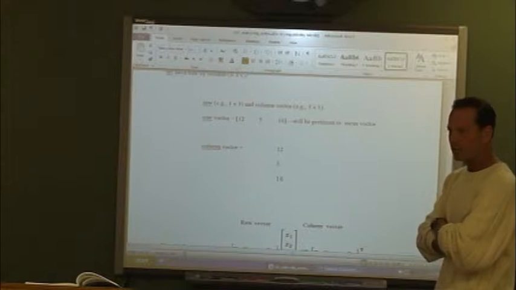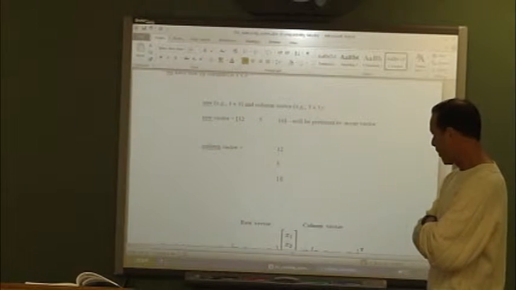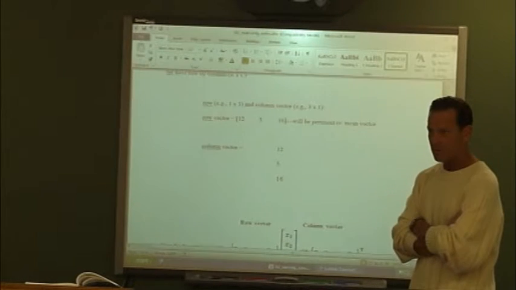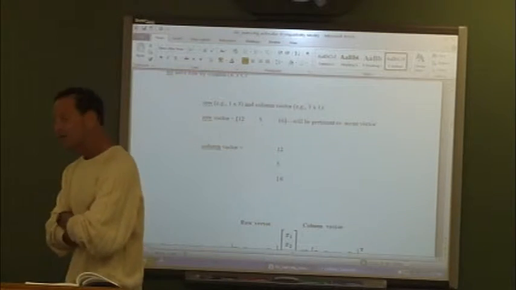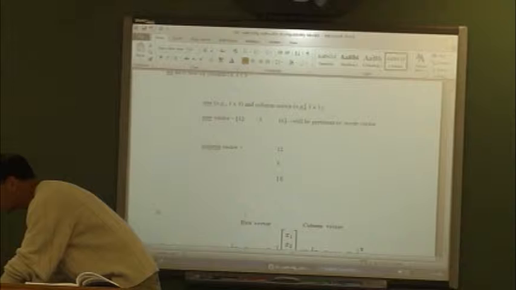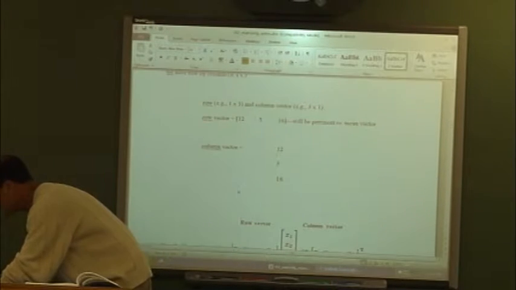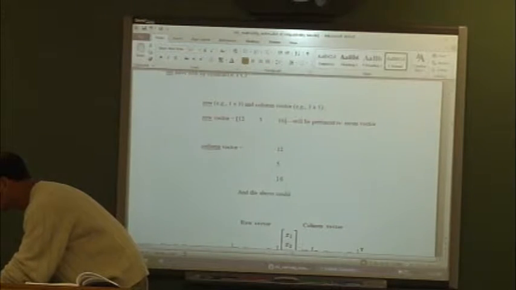And how many columns? 1. And that's called a column vector, and the above could be a transpose of a row vector.